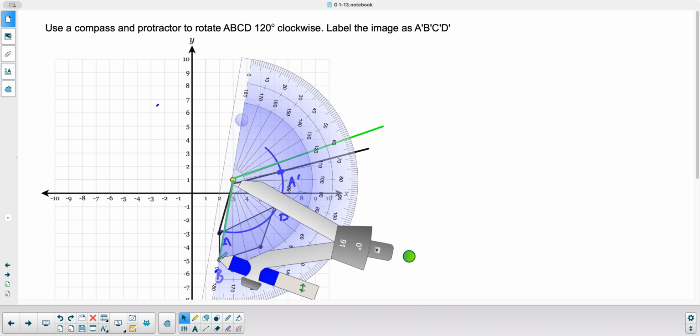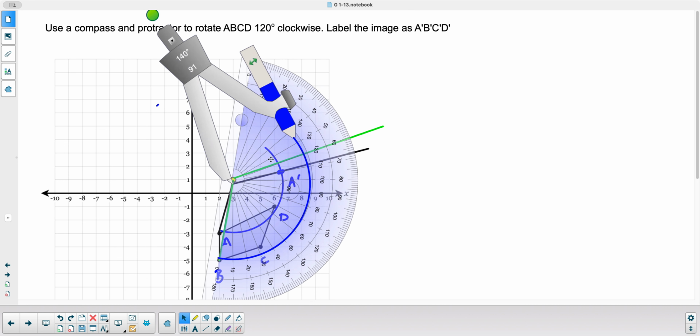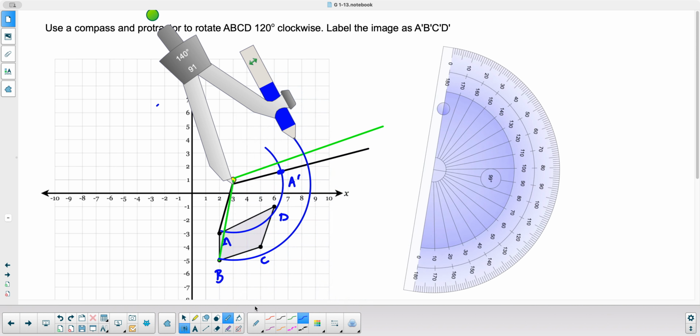And then I'm just going to swing that point around till I get to that green line. And I'll mark it right here, B prime.